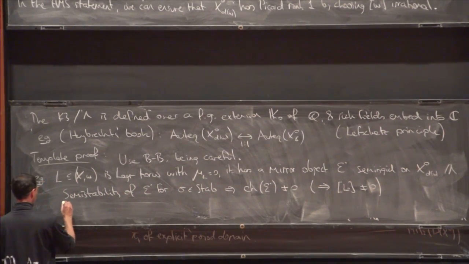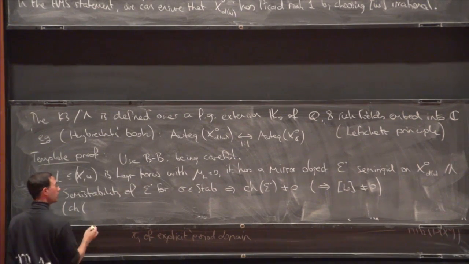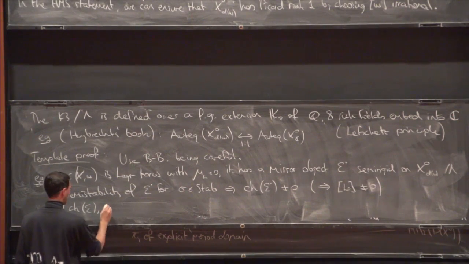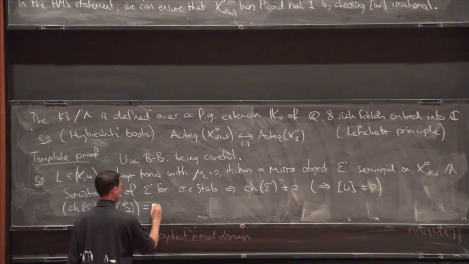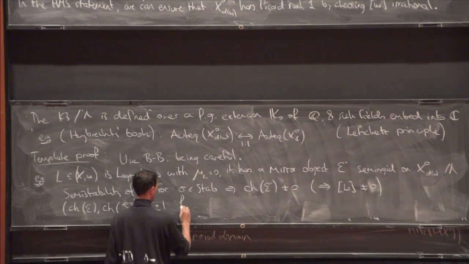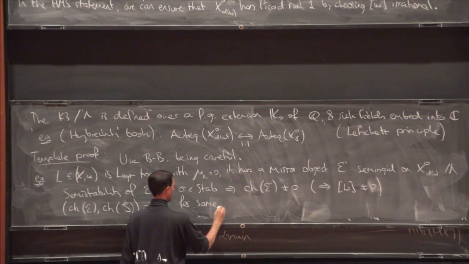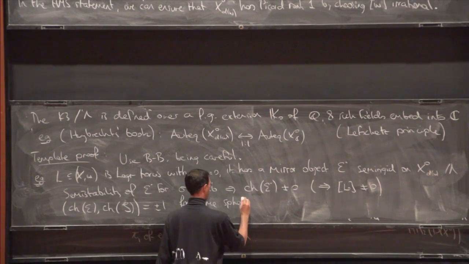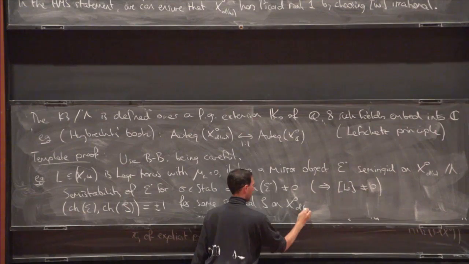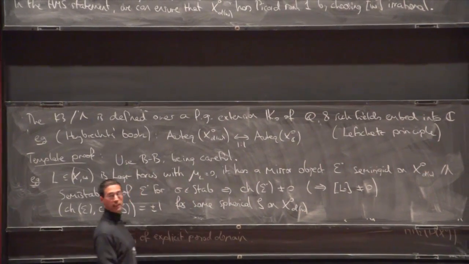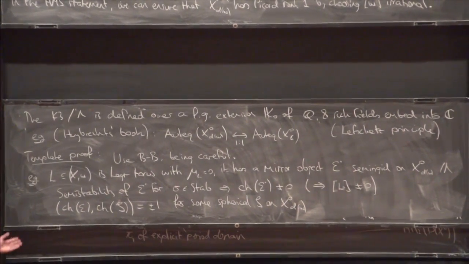But in fact, the Chern character of E has Mukai pairing plus or minus 1 with the Chern character of some spherical object. This is not so hard to check using classical results of Mukai.